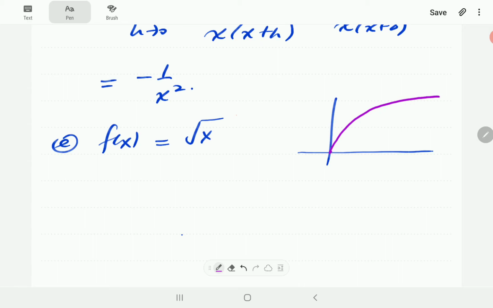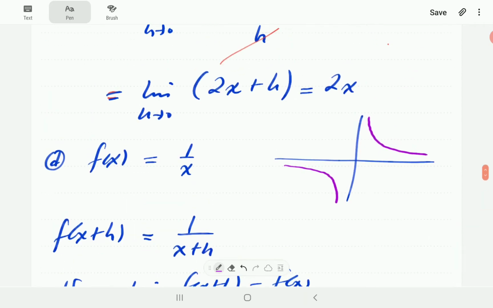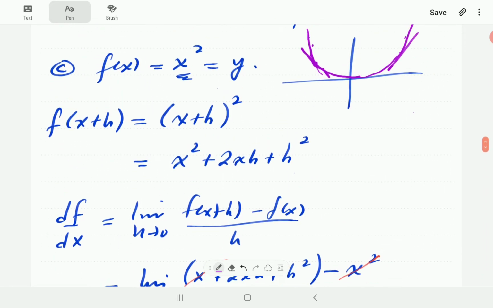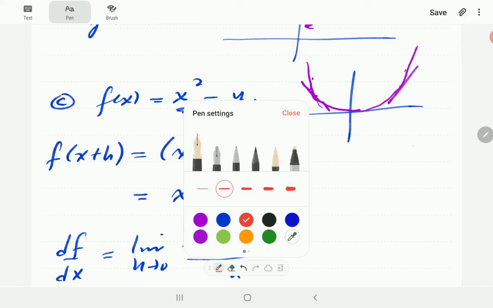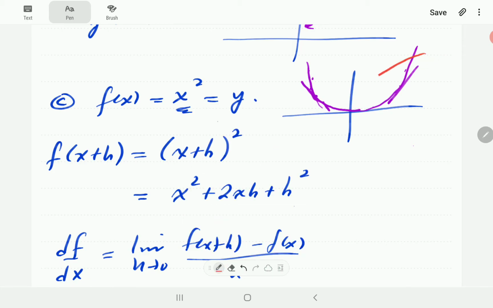It's basically just this parabola rotated through 90 degrees, like this.